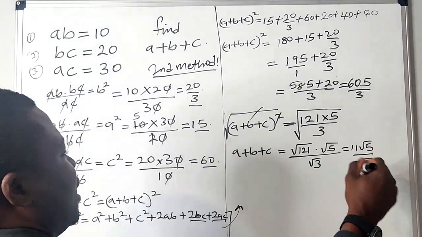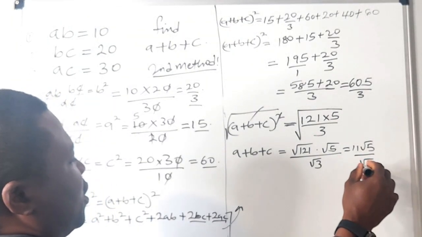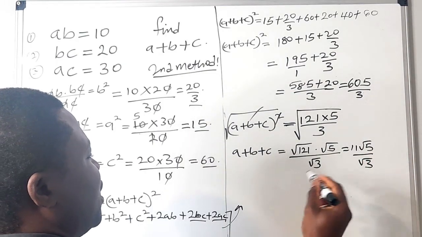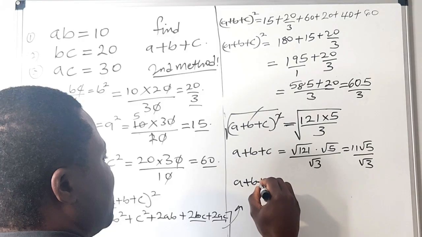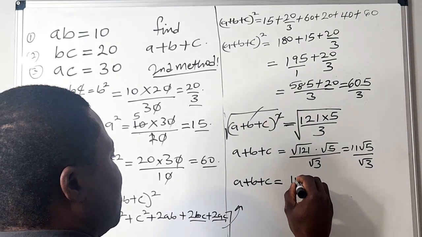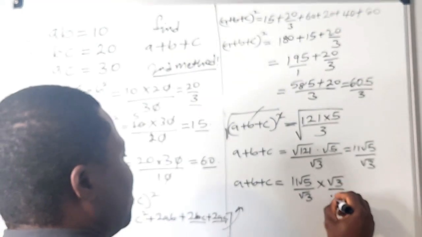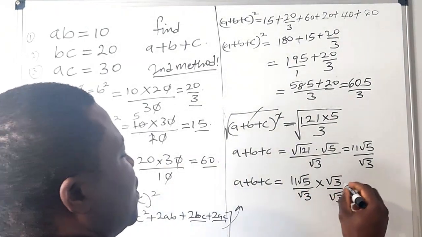Now we need to rationalize this so we can get the square root out of the bottom. So we rationalize and we multiply top and bottom by root 3 to get rid of the square root.